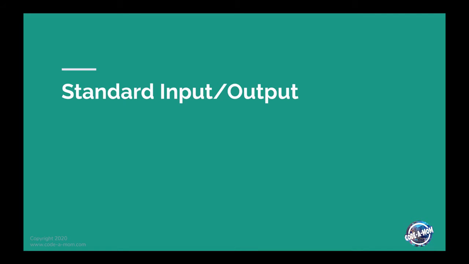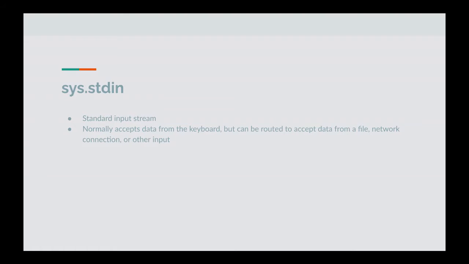So, standard input and output. Because Python is built on the C language, and C has standard input, standard output, and standard error pipes or streams, Python has that functionality as well. What I mean by pipes and streams is, in Unix, everything is a file.